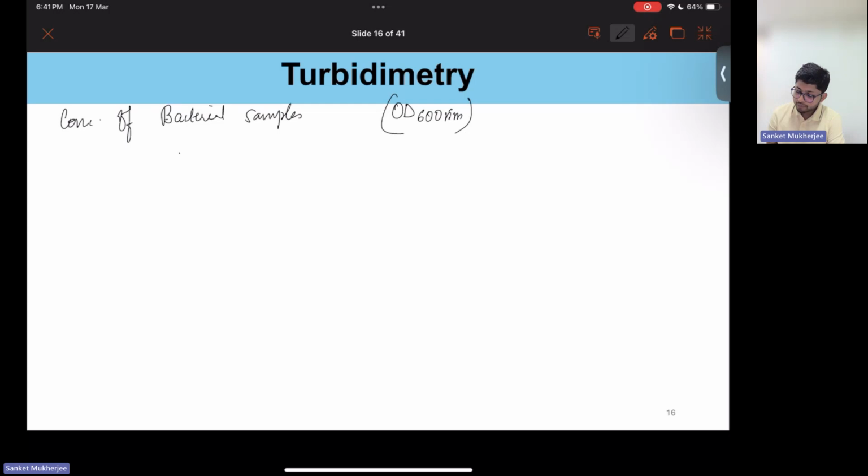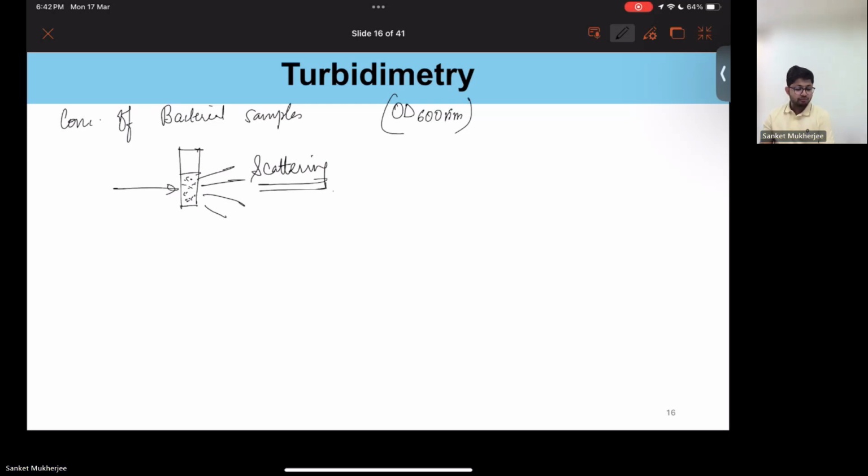So here what happens is, in your cuvette, you will have the sample which will have your bacteria as particles, and when light falls on it, it will scatter light. So there is a process called scattering. And then this can be measured, right? It is also measured in a general spectrophotometer itself.